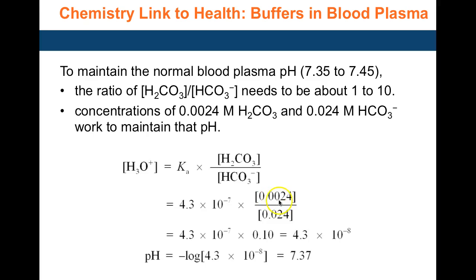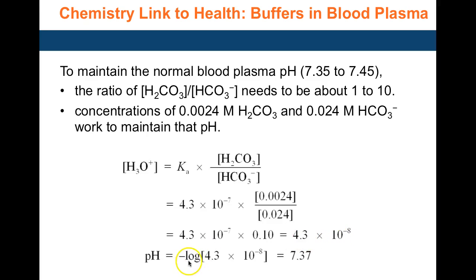The ratio is 1/10, and that's what you have here, 0.1. So the ratio of the acid to the conjugate base is 1/10, so it's 0.1. So you multiply the Ka by 0.1, and that's 4.3 times 10 to the negative 8.